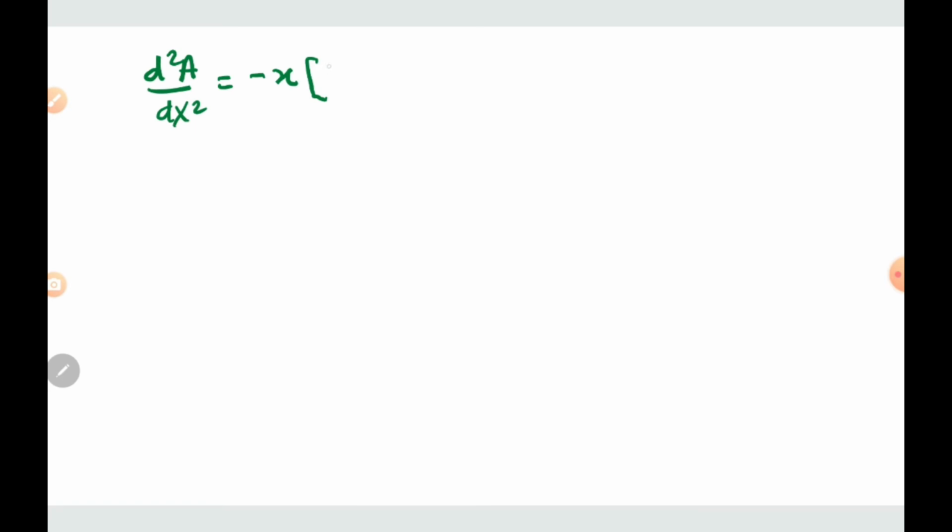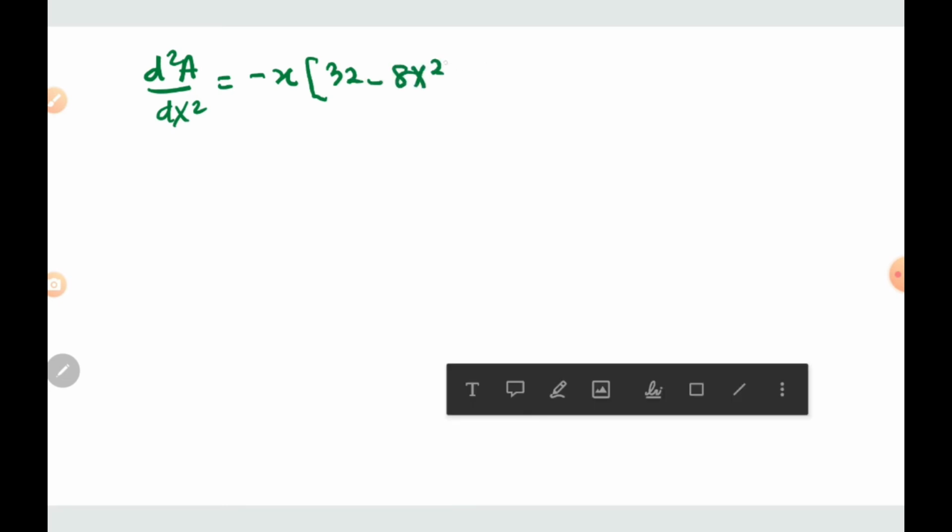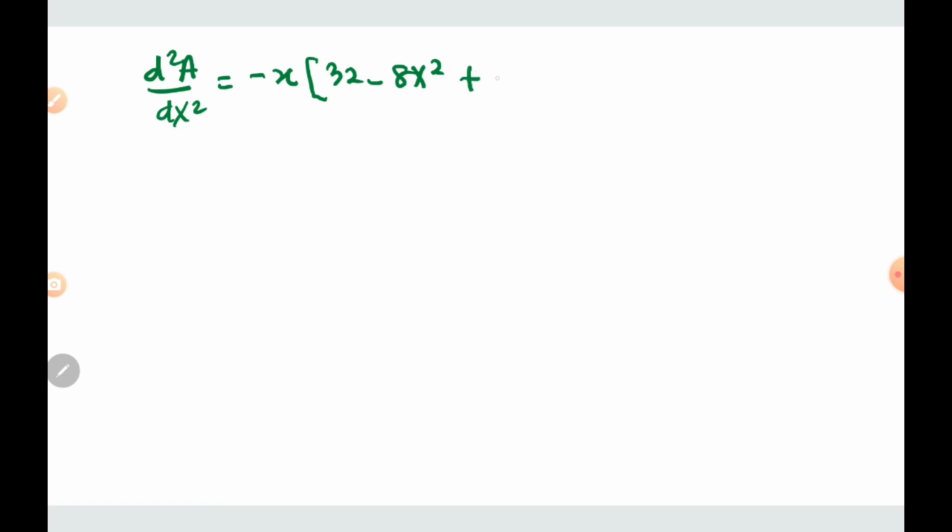In the bracket we have 32 - 8x² + 4x² - 8, over (4 - x²) to the power of 3/2.